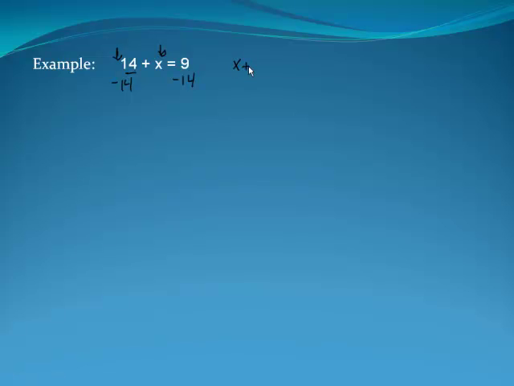Another option, if you'd rather just change the order, 14 plus x is the same as x plus 14 on the left-hand side. And you certainly could do it like that. And again, here, it should be obvious that the opposite of addition is subtraction. So either way, you end up subtracting 14 from both sides.